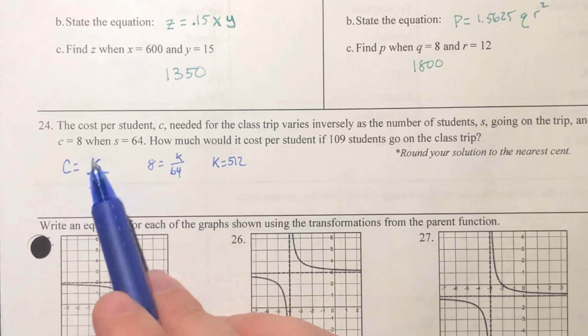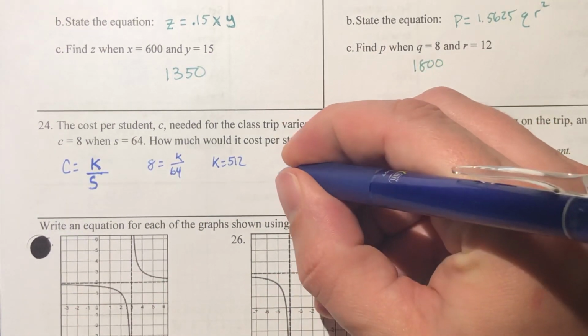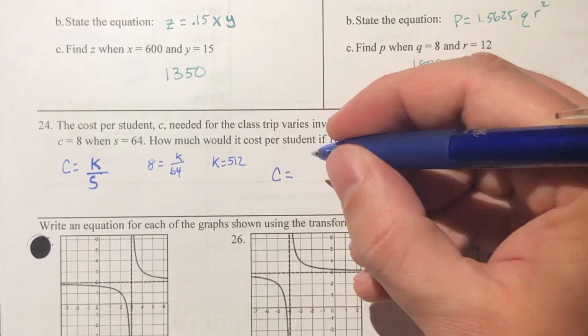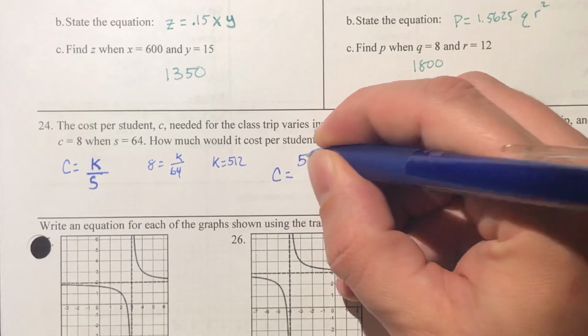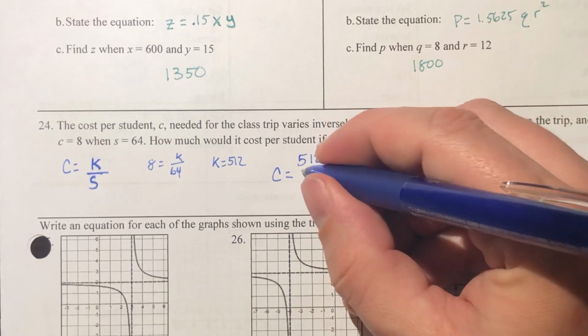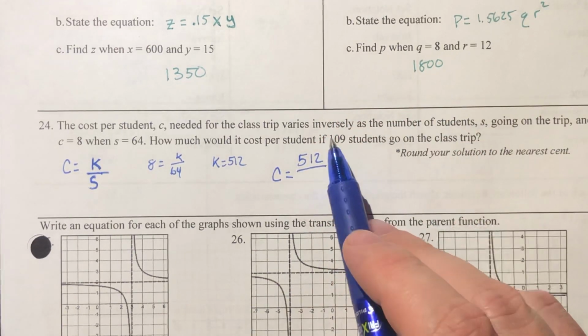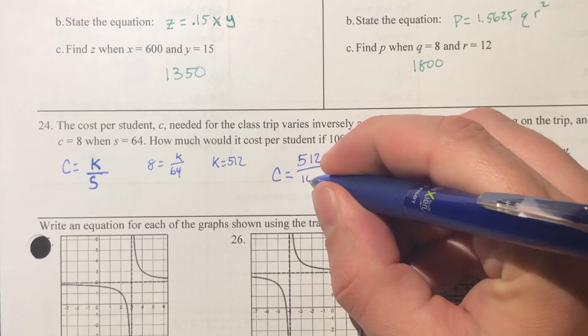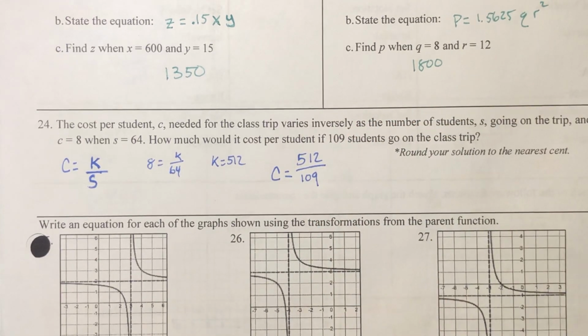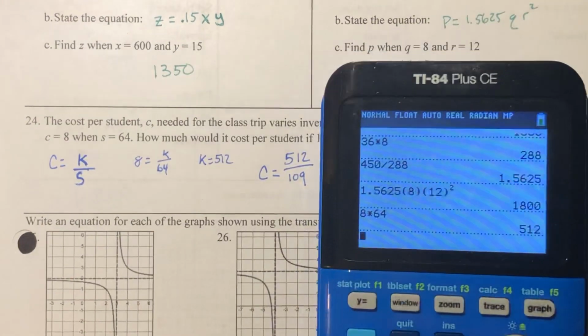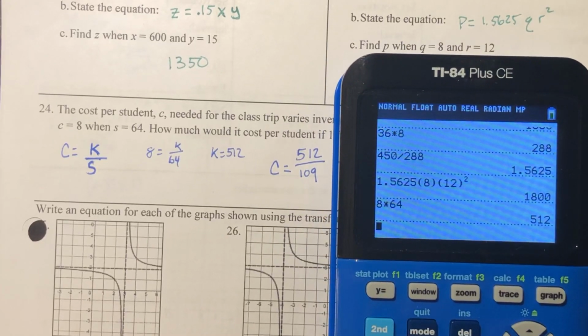So it's asking me, what would C be? So C equals, my K is 512 over the number of students is 109.